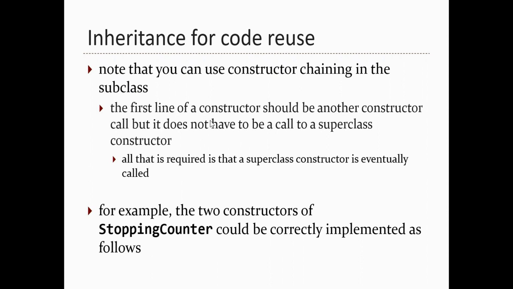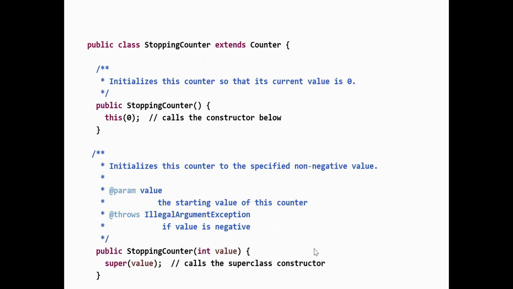So the first line of a constructor should be a call to another constructor. You don't have to call the superclass constructor, though. All that's required is that eventually, somewhere along the way, the superclass constructor is called. So for example, here's the no argument constructor. Before, we used super with round brackets. This time I'm going to use constructor chaining. So I'm going to write this 0. That calls this constructor down here.